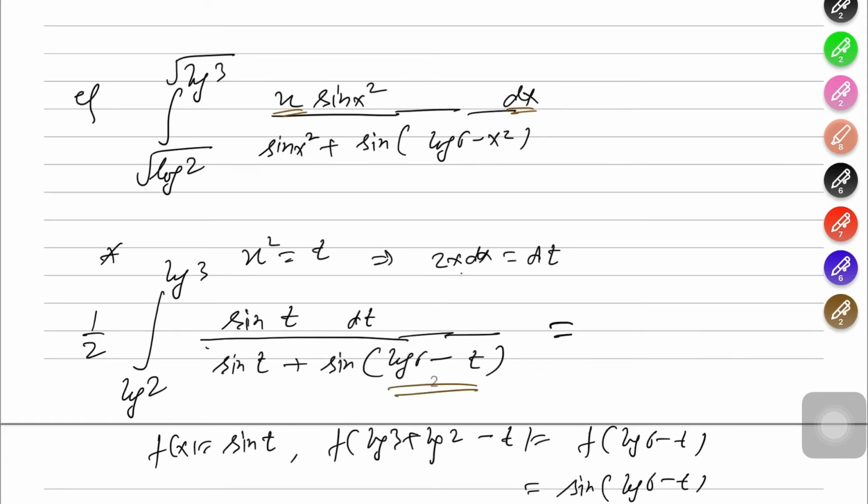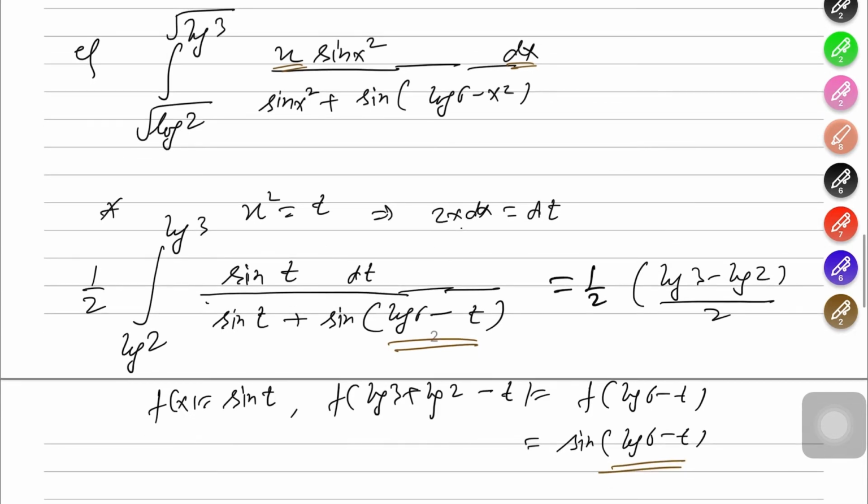So we can directly answer: a half is already there, because half was the constant, and this becomes (log of 3 minus log of 2) divided by 2. That is the answer. If you want to simplify it, it is log of 3 by 2 divided by 4. So that is the answer.